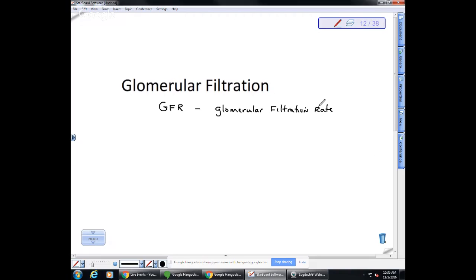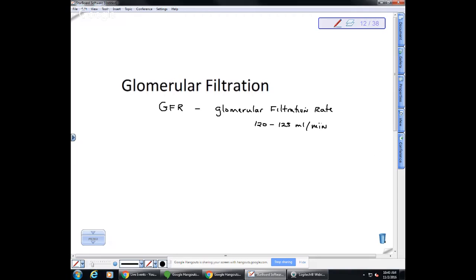So if we look at the typical glomerular filtration rate, it is about 120 to 125 milliliters per minute.